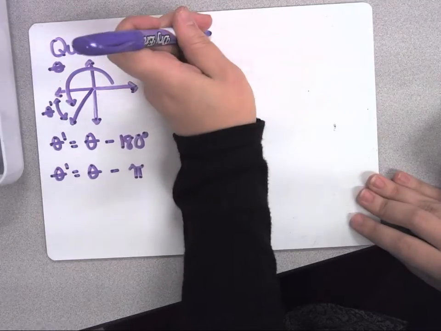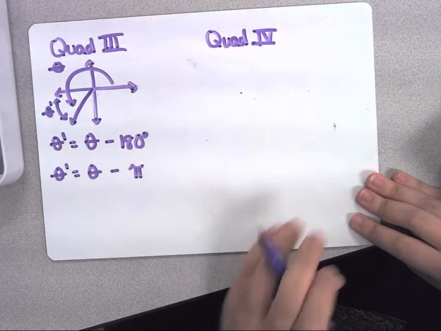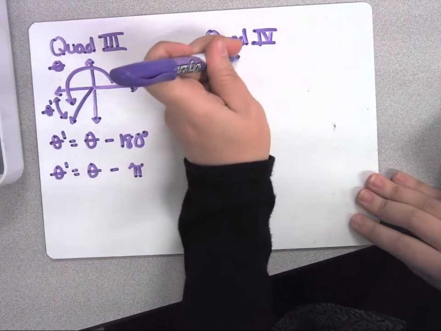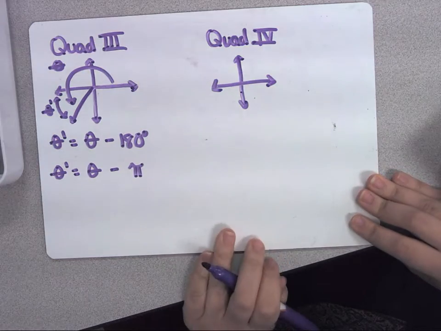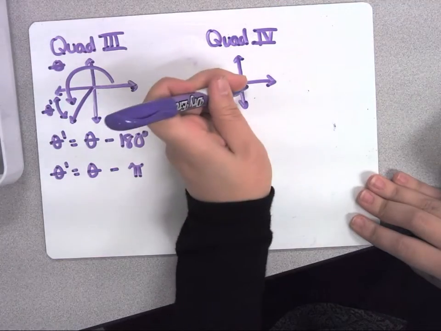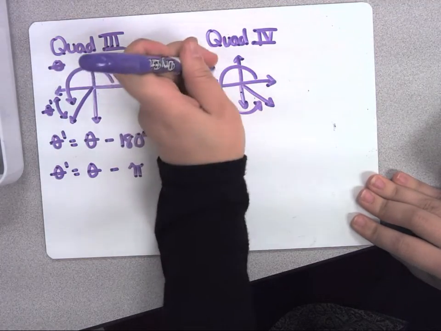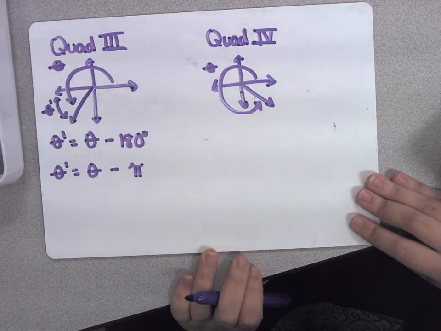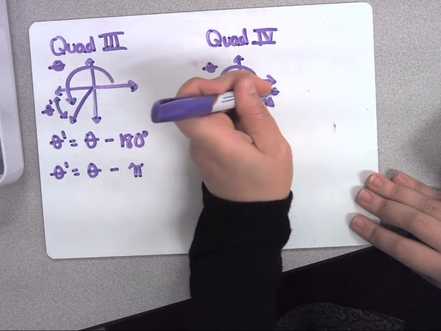Okay? And then quad 4. If you didn't know what 4 was in Roman numerals, there it is. Again, all the way around. That's your theta. Your reference angle is just this little guy right there.